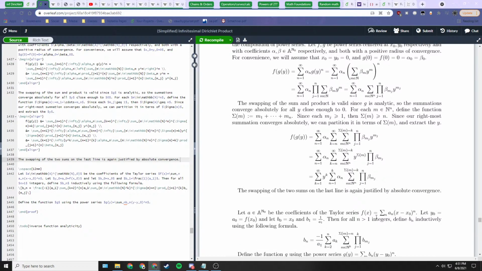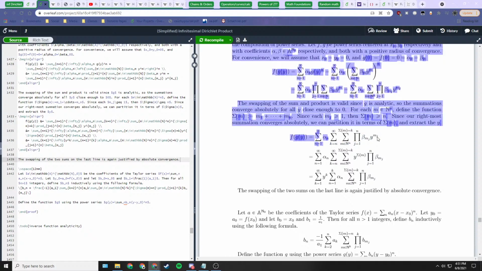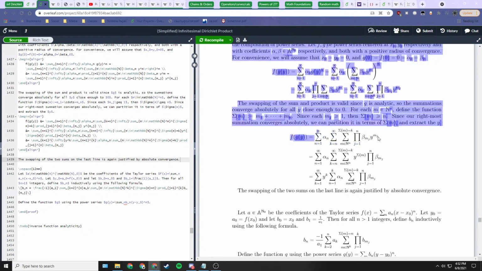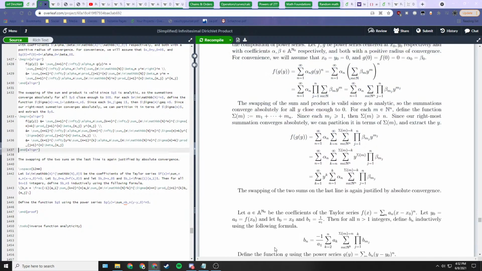So again, this entire summation converges absolutely, and this whole summation had converged absolutely in the beginning as well. So I believe, at the very least, especially if we had gone through justifying these expressions, these would probably be fine.